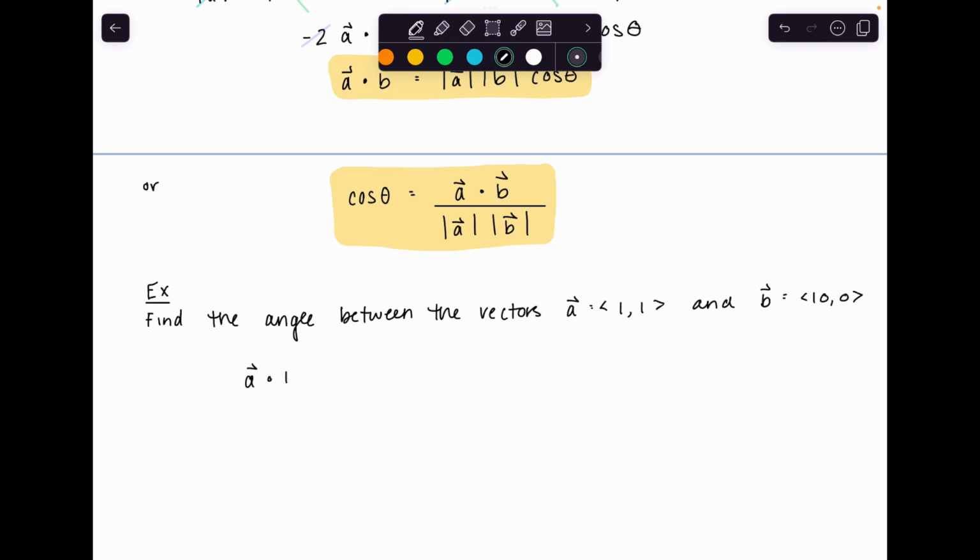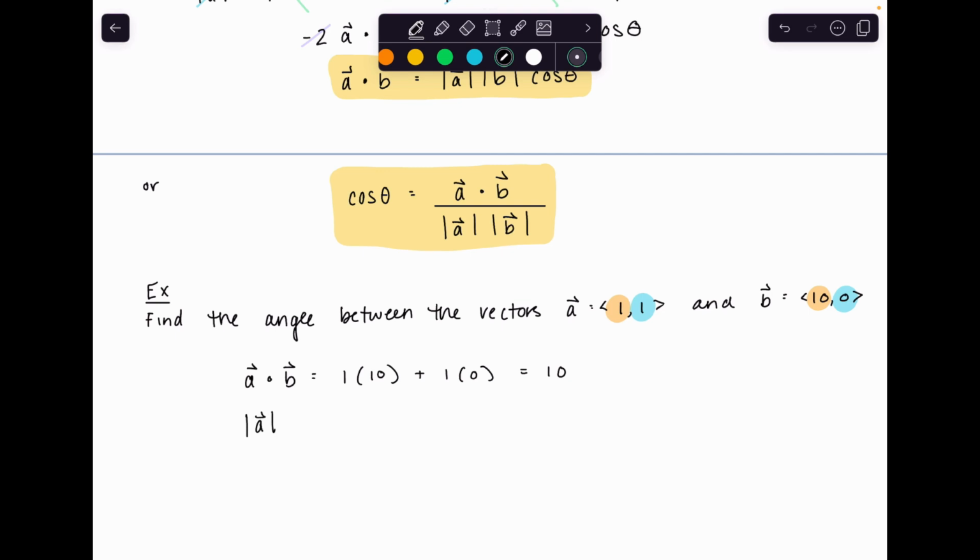Let's go ahead and start with the dot product between these two vectors. So again, that just means I'm working component-wise, which is 1 and 10, and then 1 and 0. So we do 1 times 10 plus 1 times 0. I don't need those parentheses. So the dot product between these two is 10.